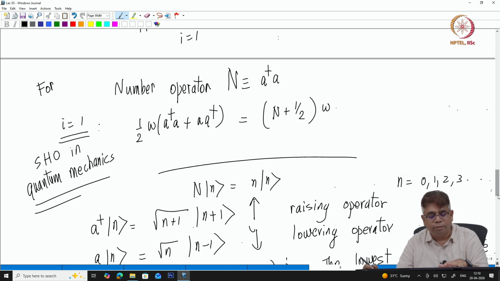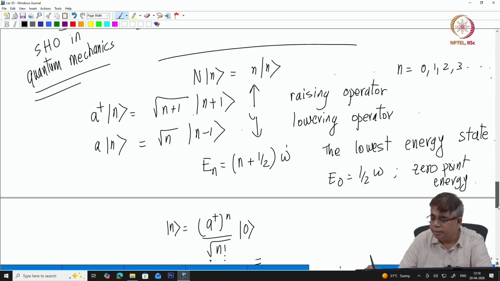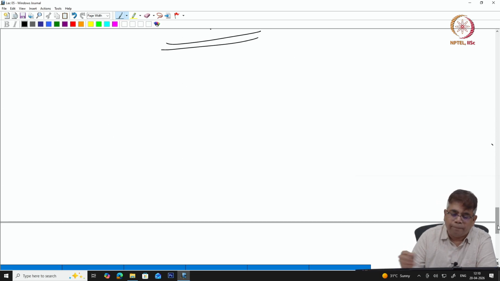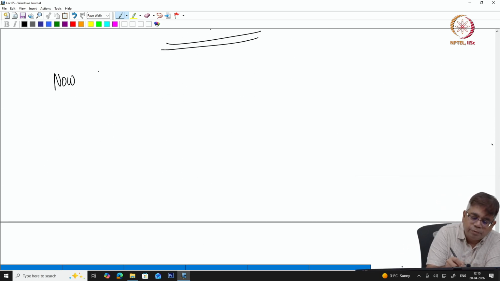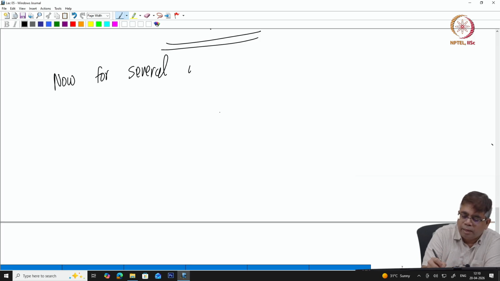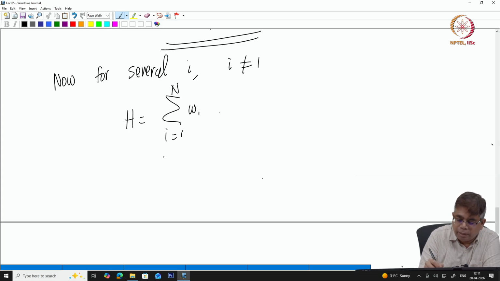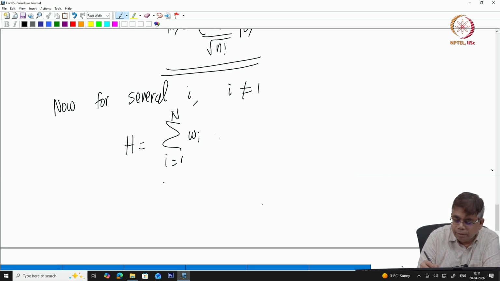Now for several i, that means i not equal to 1, the Hamiltonian is given by the sum over i equal to 1 to n of omega i times n_i, which is a vector now, plus half.